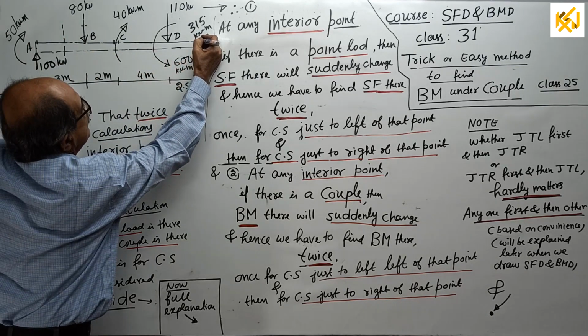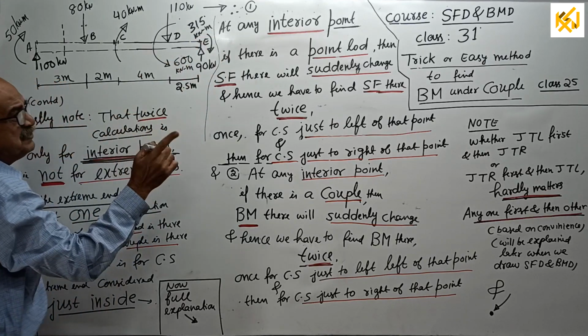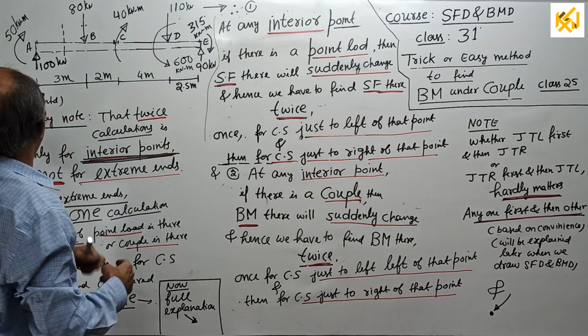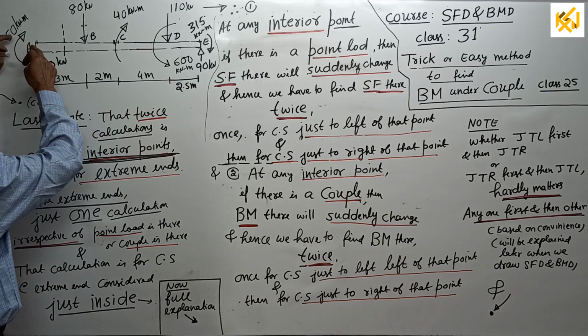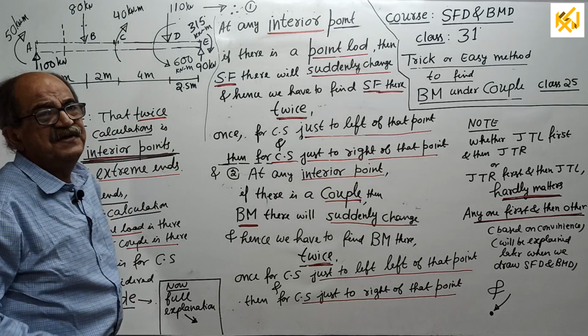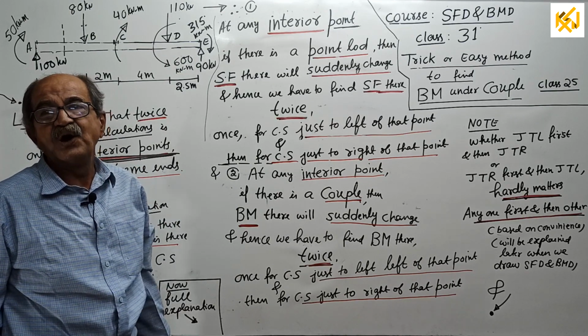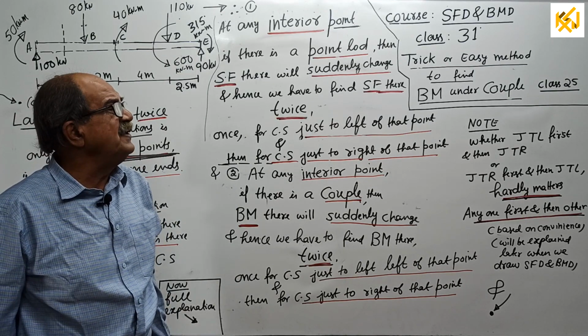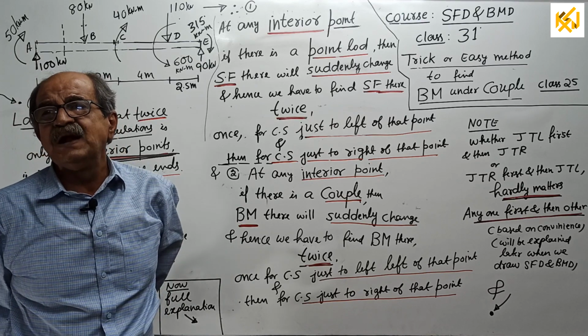Here also, slightly inside. Sometimes in class I ask students, be careful, one minute: slightly outside, why no calculation? It is nonsense or meaningless. Many people, when they come to a support, write shear force equal to 0.